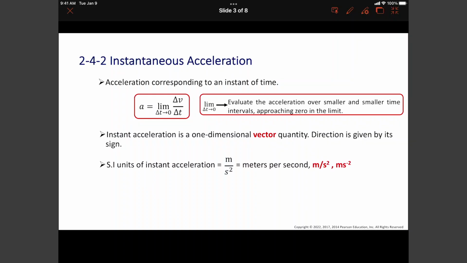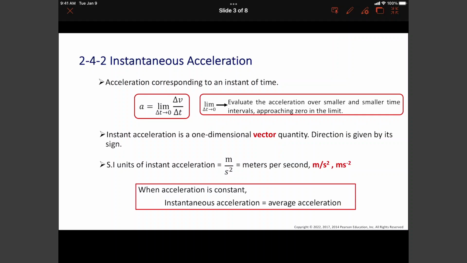The SI unit of instantaneous acceleration is meters per second squared, similar to the average acceleration. One final note before we go to some examples: if the acceleration is constant, the instantaneous and average accelerations are the same.